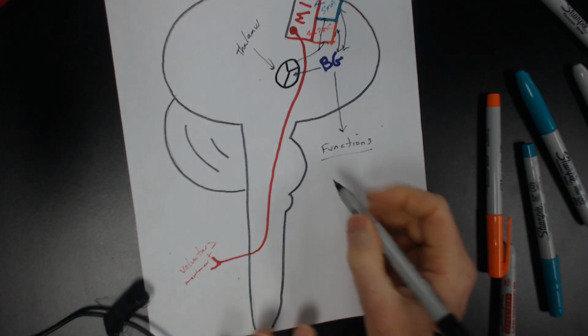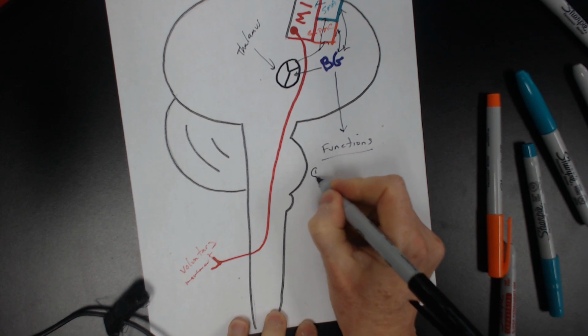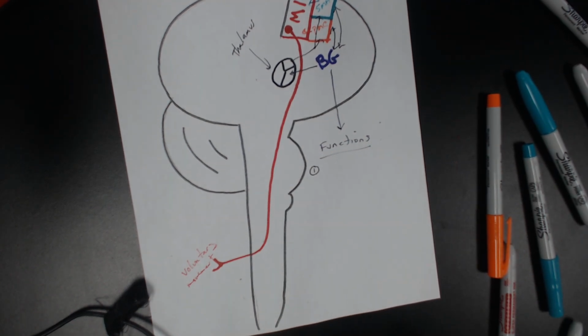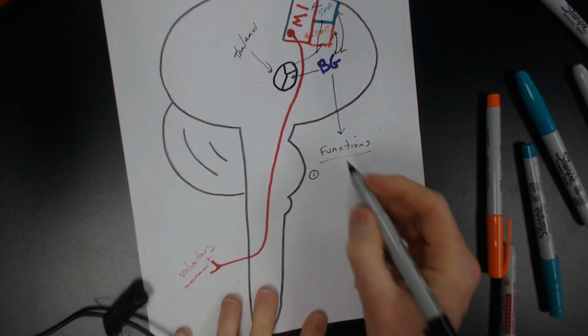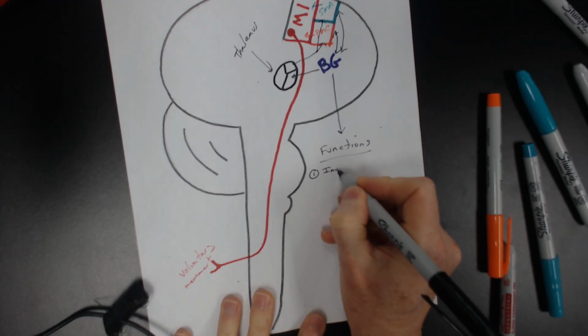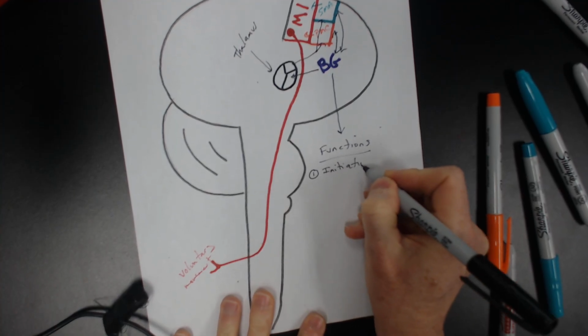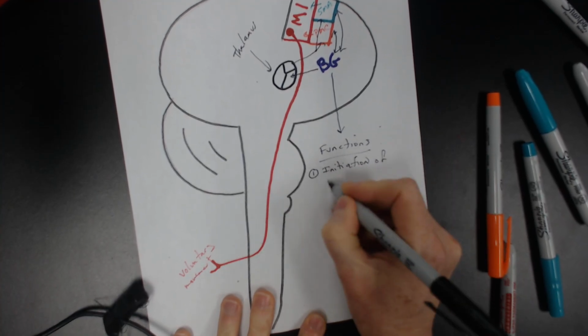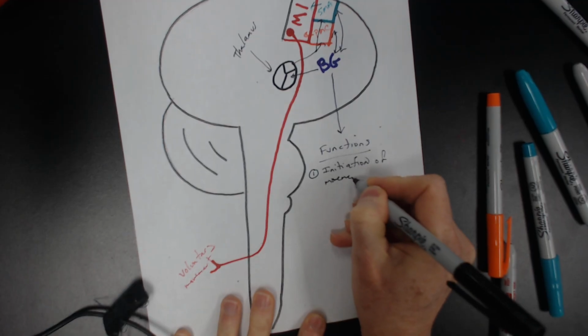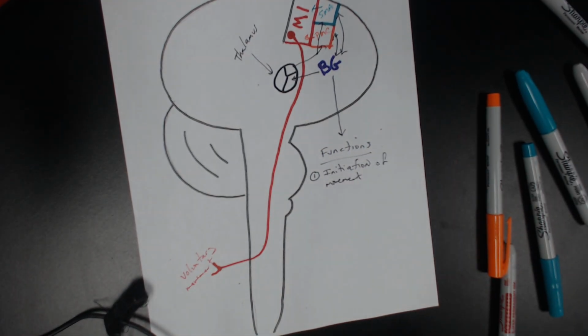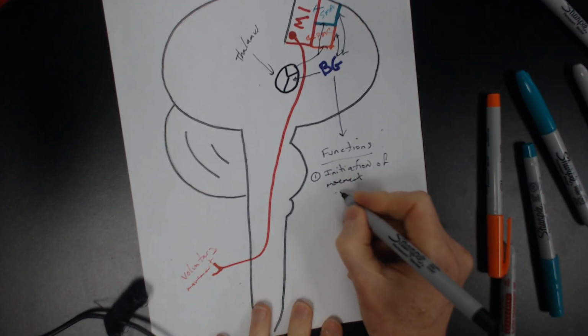So one of the first functions that you need to know about the basal ganglia is they're super important for initiation of movement. And one basal ganglia disorder where you're going to see this very much is Parkinson's.